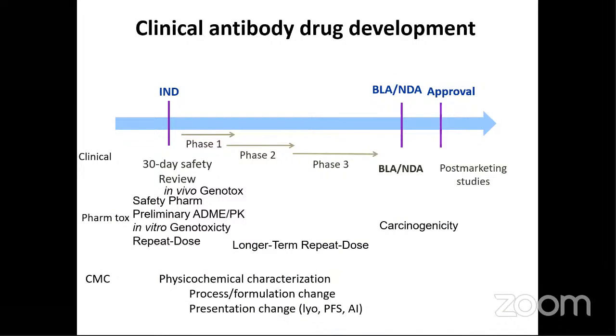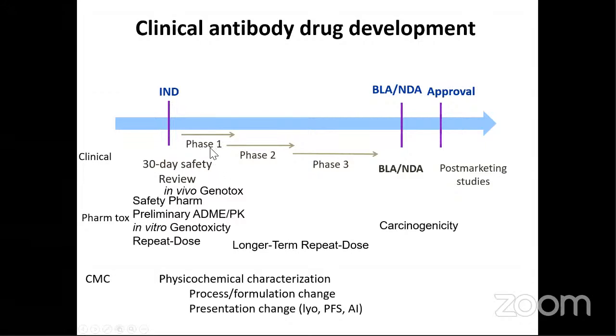In terms of clinical development, it's more or less the same as what you would do for a small molecule. When you file an IND, typically it's a 30-day safety review, where mostly in vivo gene tox, safety pharmacology, preliminary PK data which you have gathered through the non-tox studies, gene tox data, repeat tox, all of that is part of the non-tox studies which have been done and is used to file the IND.